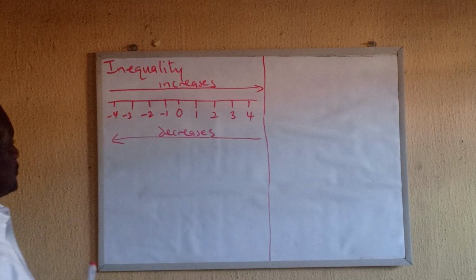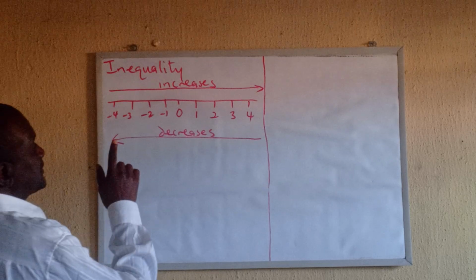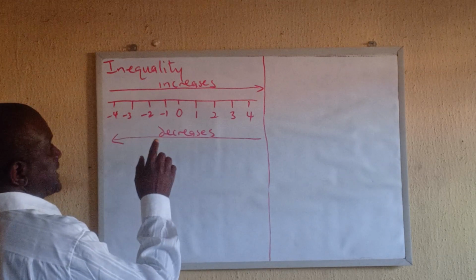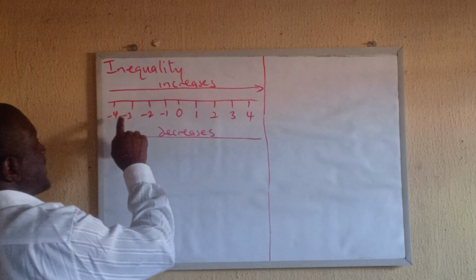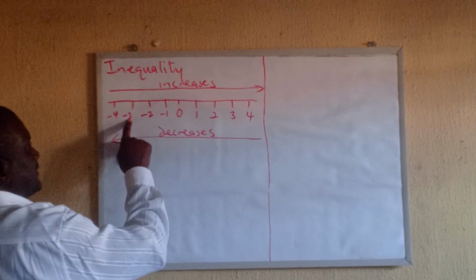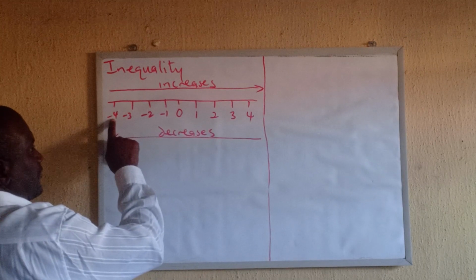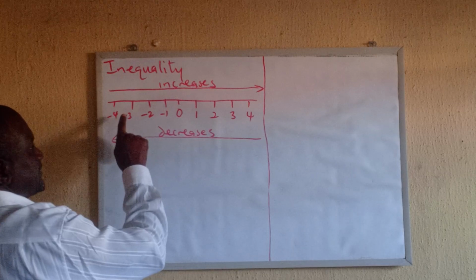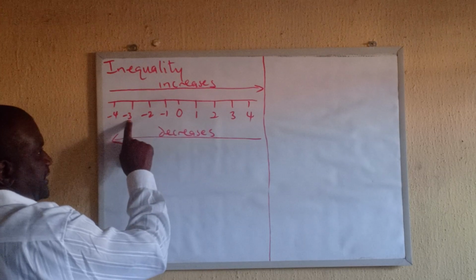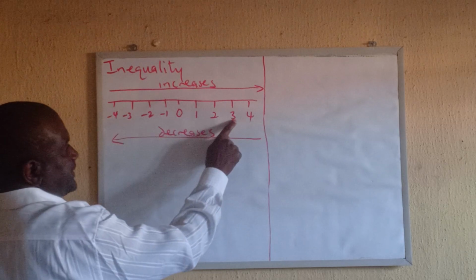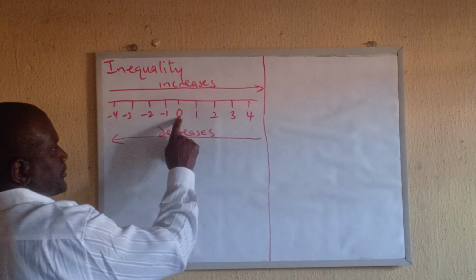Now, I should also take note that because numbers are increasing from your left to right, we can say that -3 is bigger than -4. -2 is bigger than -3. 0 is bigger than -3. 3 is bigger than 0.